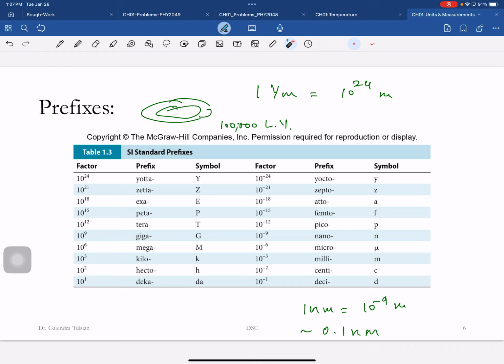If you're a cell biologist, a cell is about a micrometer. 1 micrometer is 10 to the minus 6 meters. So again, these prefixes are powers of 10 that give you appropriate units for whatever it is that you're doing.